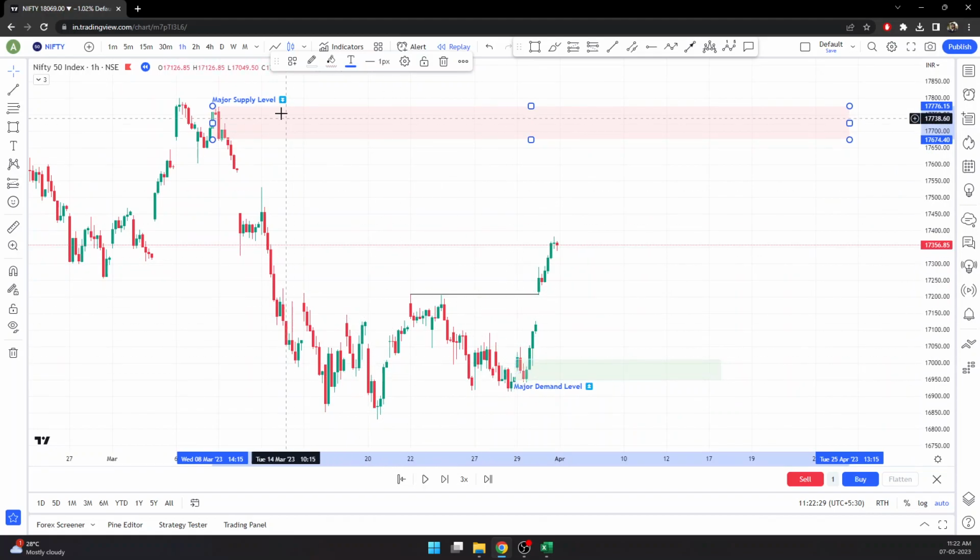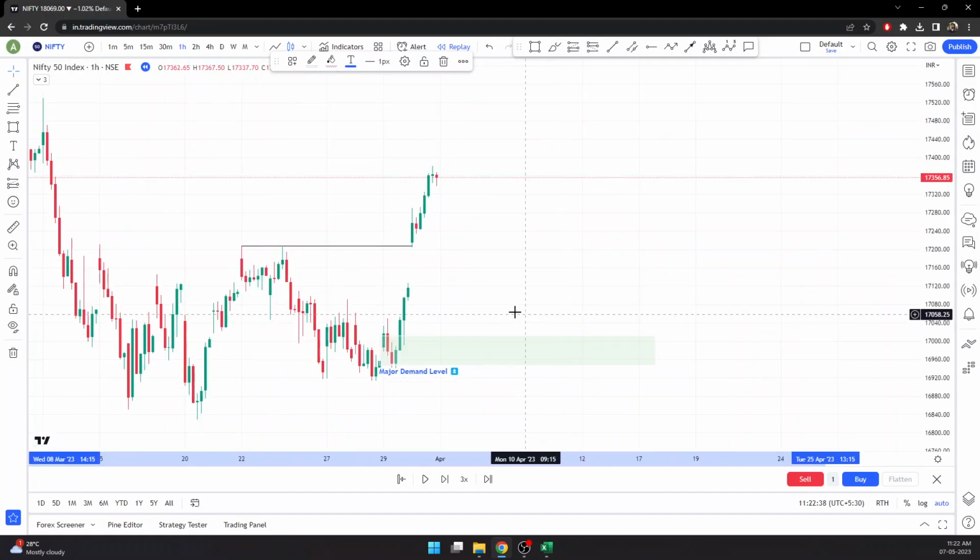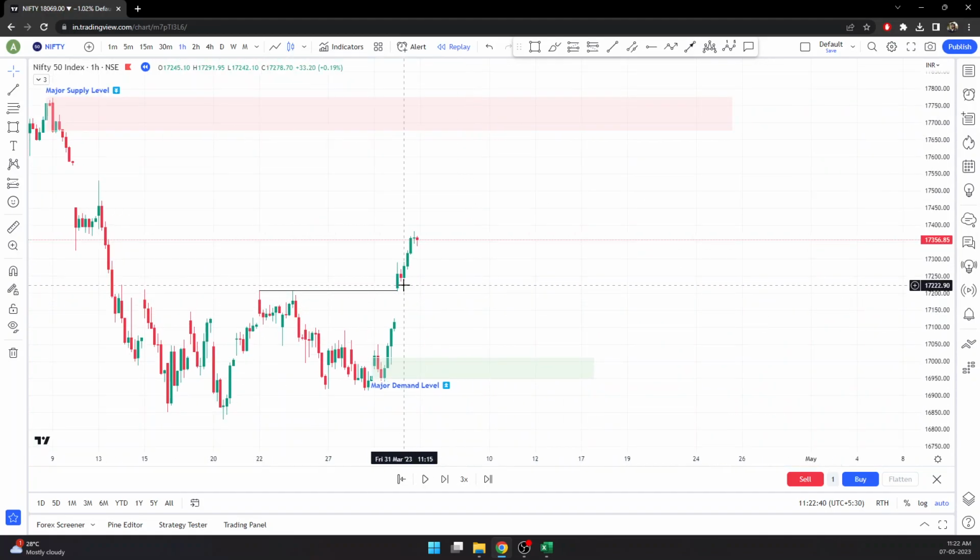Currently we have a range of this to this, and the market is going upward by crossing the earlier lower high. So currently we have the bullish signals here. So starting 1st of April, we'll try to look for any buy opportunities if we get to find.